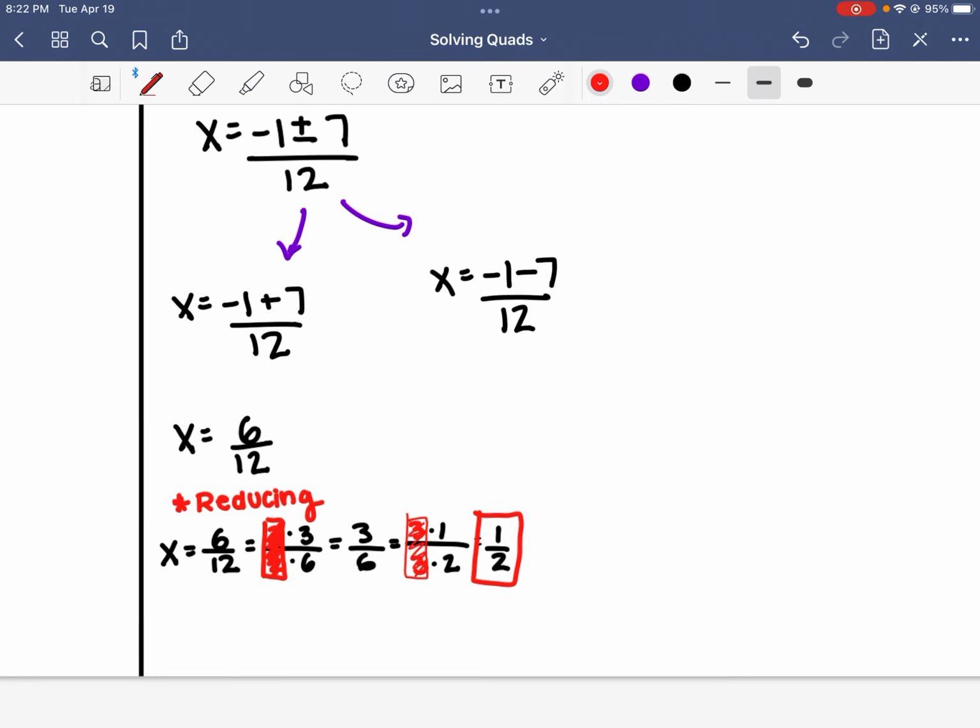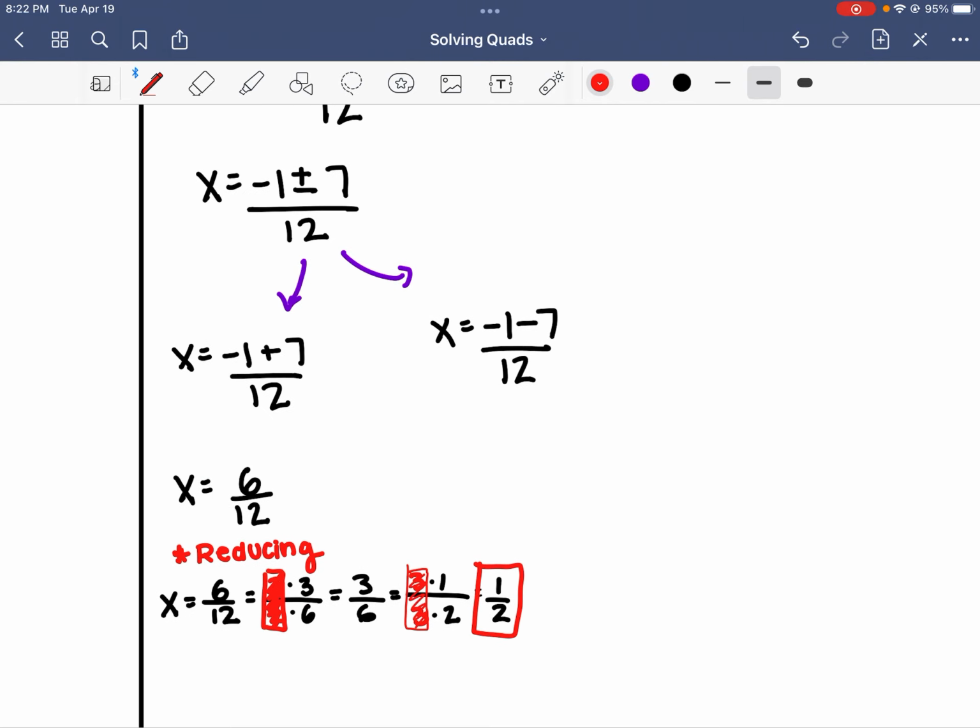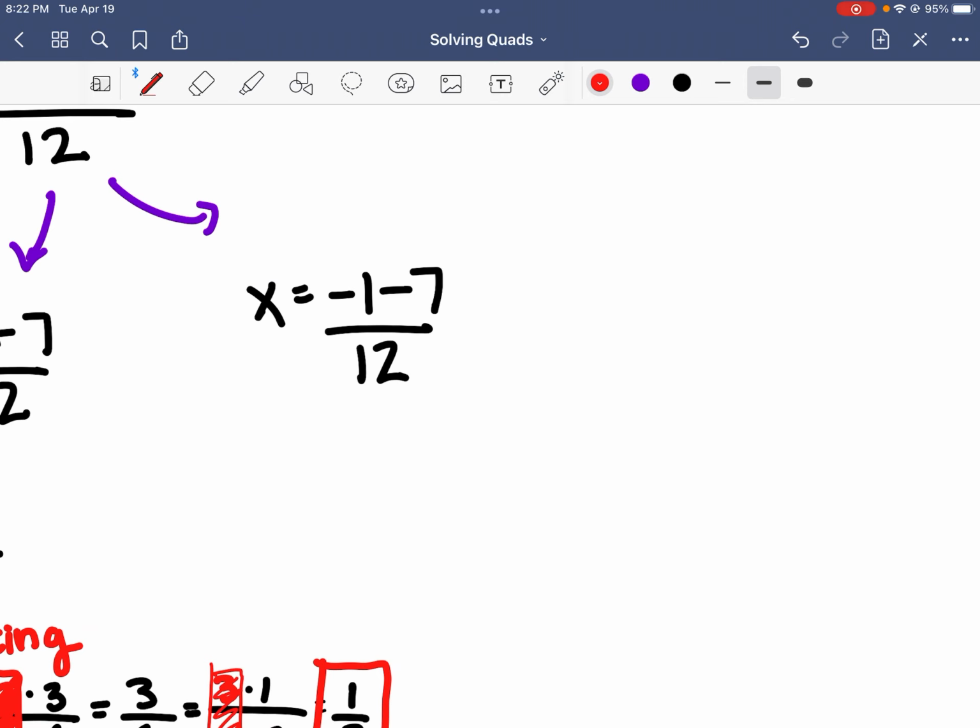So let's go ahead and try it out with my second one because remember I have two cases. So I'm actually going to go this way. Negative 1 minus 7 gives me negative 8 over 12. And again, if I were to plug this into a calculator, I'm going to get a decimal. So that means that I'm going to have to reduce my fraction, okay? So reducing.